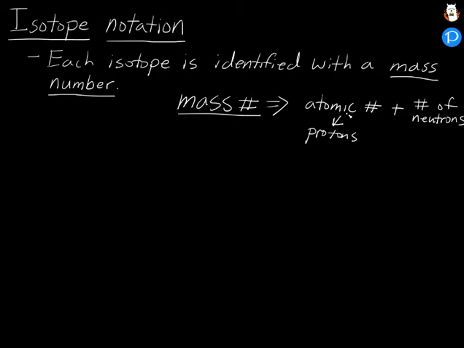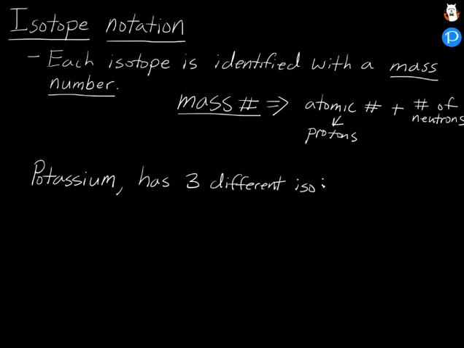If we look at, for example, potassium, potassium actually has three different isotopes. In other words, not all potassium atoms are exactly the same.